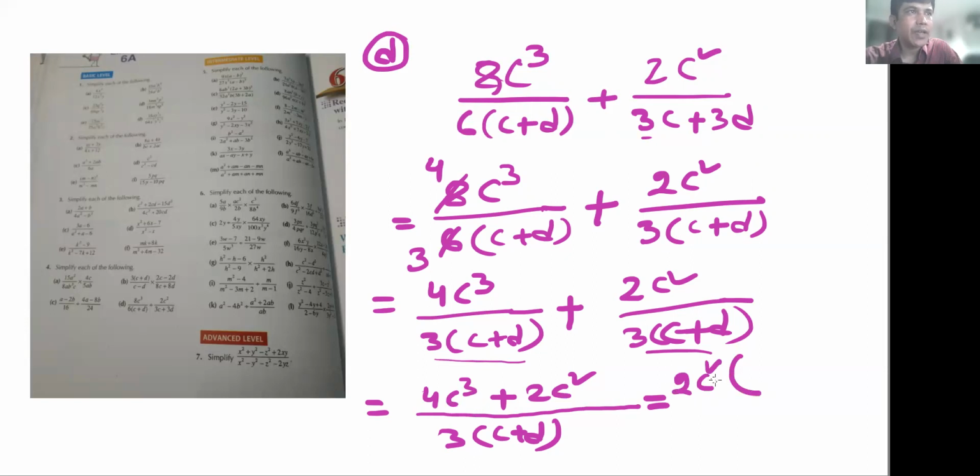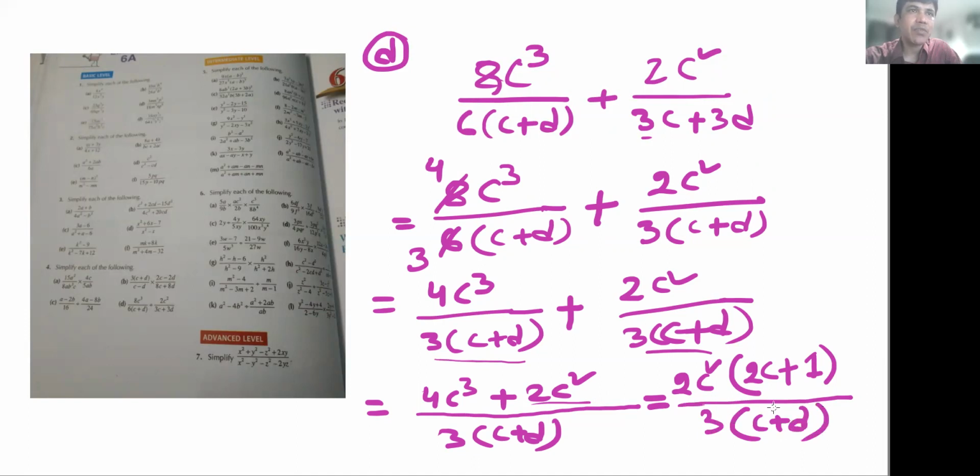C will be remaining here, 2C square will remain, plus just 1, because we already taken. So we are having 3C plus D.